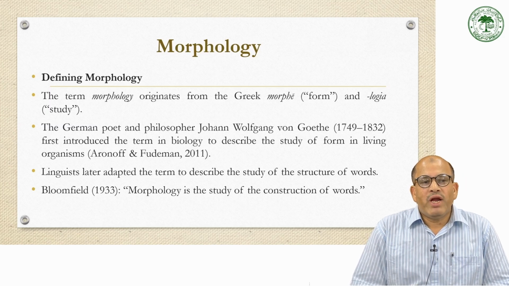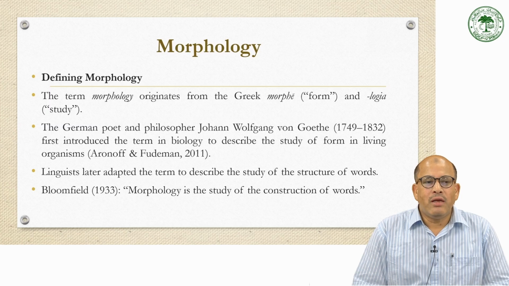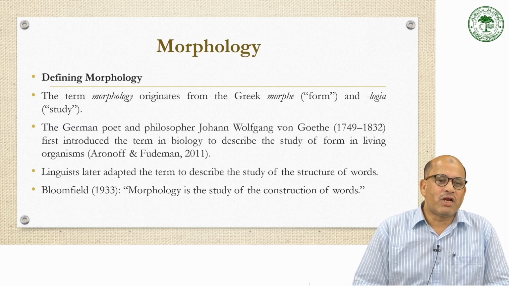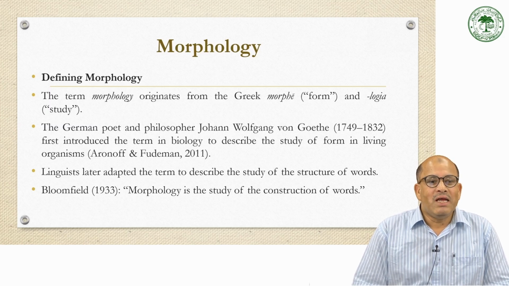The German poet and philosopher Johann Wolfgang von Goethe first introduced the term in biology to describe the study of form in living organisms. However, linguists later adapted the term to describe the study of the structure of words in linguistics.